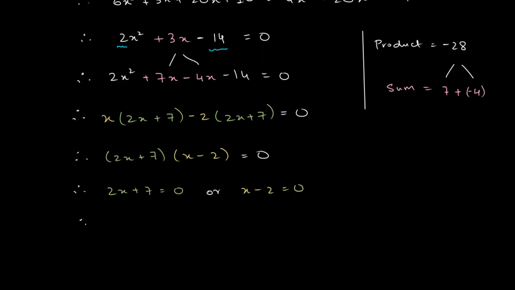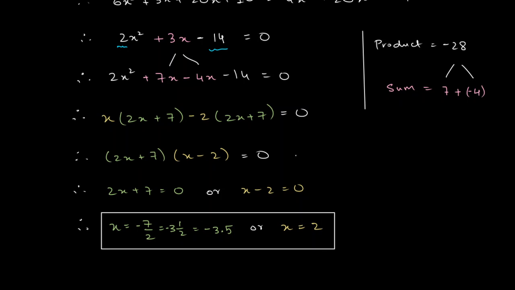If I solve the first equation and rearrange the terms, I get x is equal to minus 7 upon 2, which can be written as minus 3 1 upon 2, or minus 3.5, right? Or I can say x minus 2 equals 0, so on the other side it is plus 2, so x is equal to 2. So these are my two answers. x is equal to minus 3.5, sorry, or x is equal to 2. So this is my final answer.